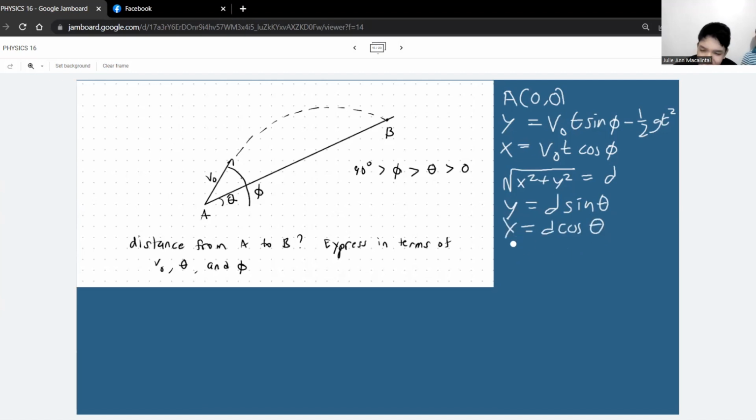Use a different symbol, x_f, y_f. Yung nasa taas, yan yung dependence ng y as a function of time. X depends on time din yan. So if you want, mag-define ka ng variable t sub f. T sub f is the time at which it reaches point B.